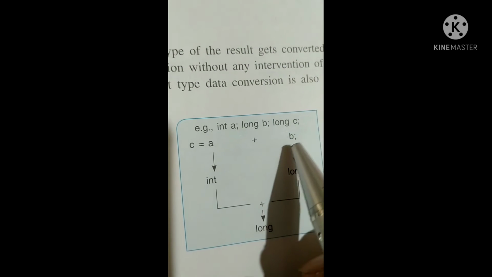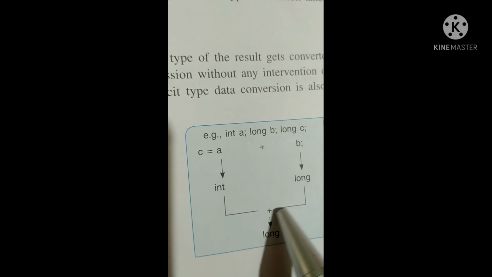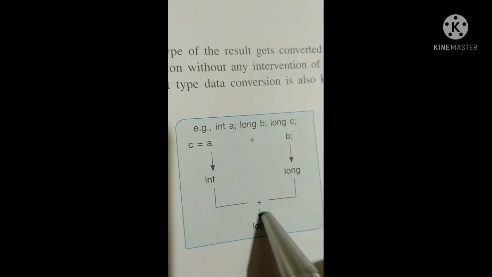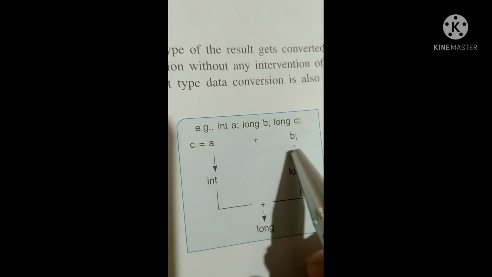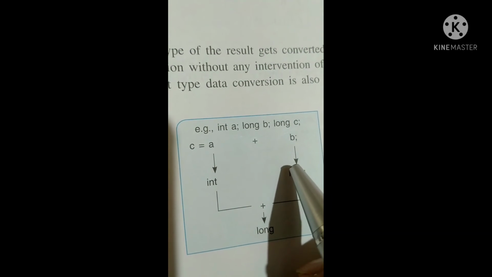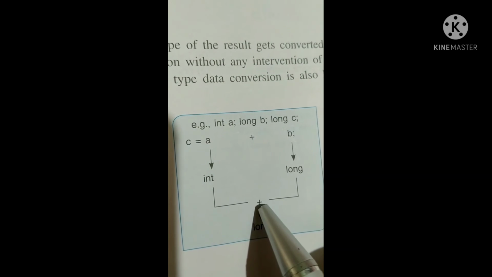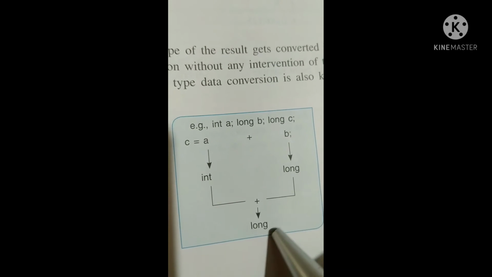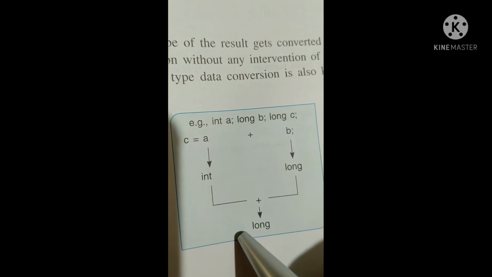C equal to A plus B. A is an integer and B is long. So after calculation, after plus, the value will come in long. Why? Because B is the highest data type, it keeps a high value. So the value will come in long.